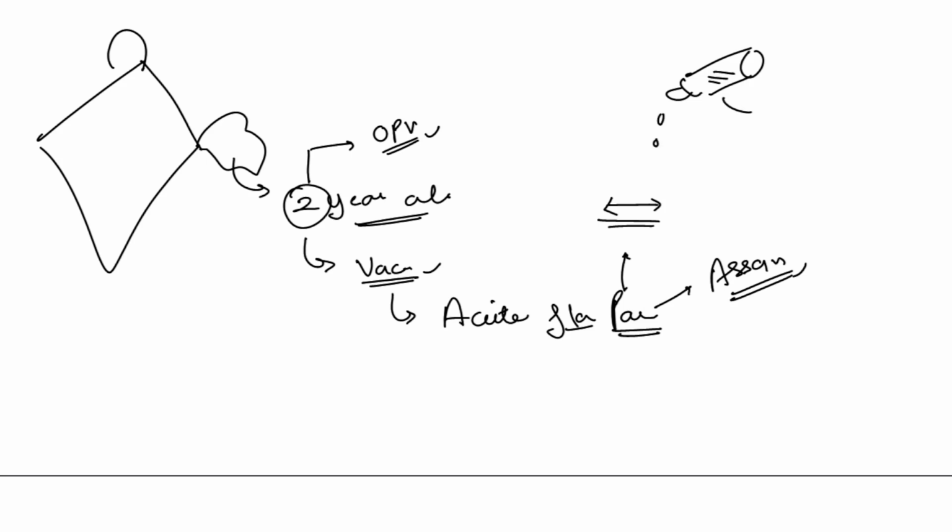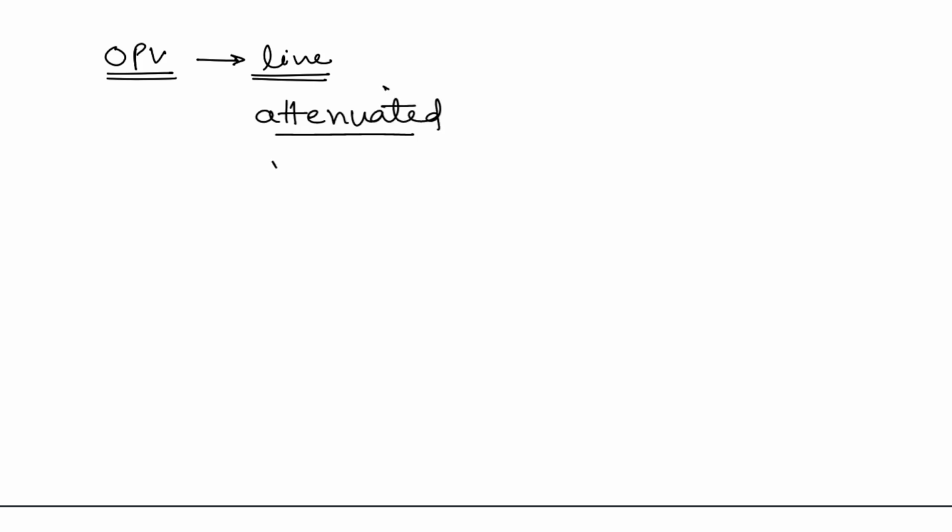Now, what we have in this vial is the OPV. And what is this OPV? That is important for us. So let us see how it can affect a low-immunity person with polio itself. OPV contains a live and attenuated virus.